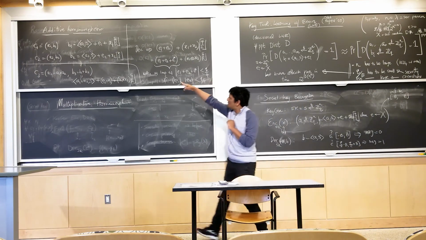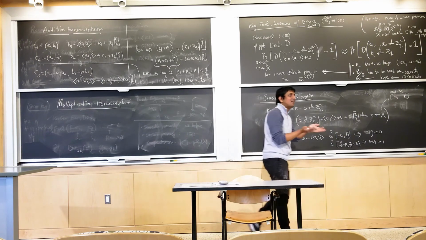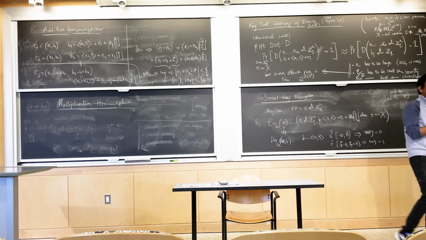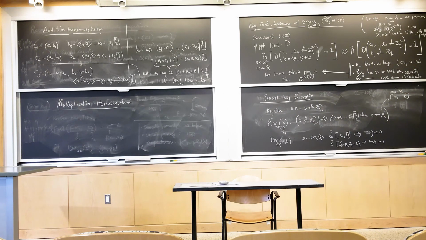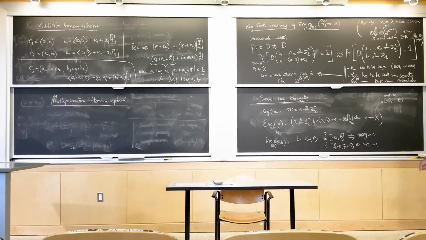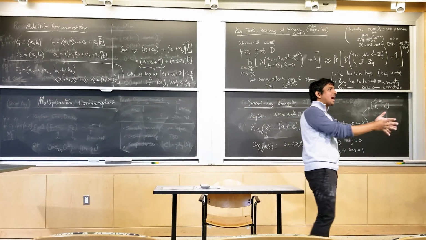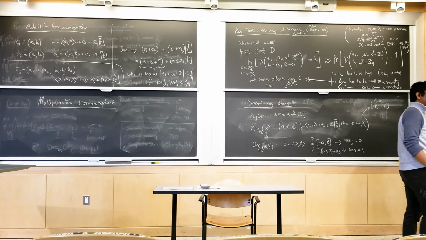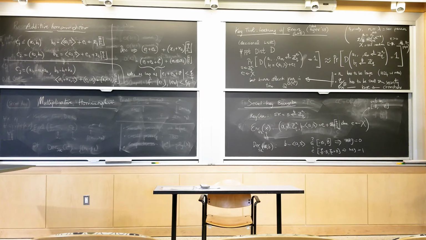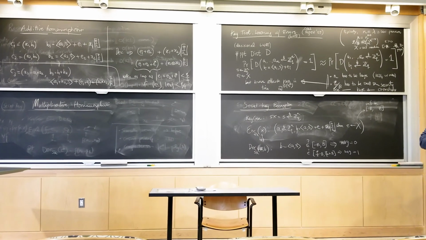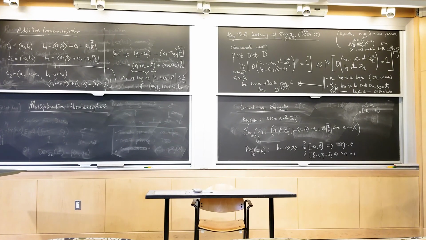So can I take two of these ciphertexts and create somehow another ciphertext whose decryption is the product of x1 and x2? Yeah, that's the question. There was a very natural way to add two ciphertexts together, component-wise addition. How would you homomorphically multiply two ciphertexts? Heaven knows, right?